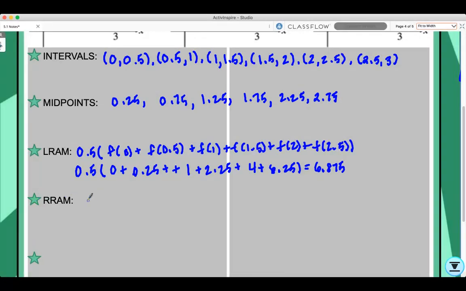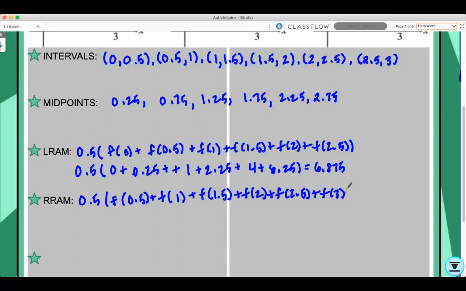Your right rectangular approximation is the width of your rectangles multiplied by f of the right side of our intervals. So f of 0.5 plus f of 1 plus f of 1.5 plus f of 2 plus f of 2.5 plus f of 3.